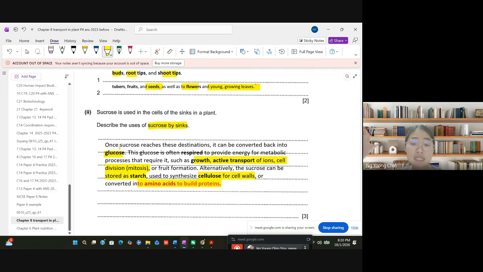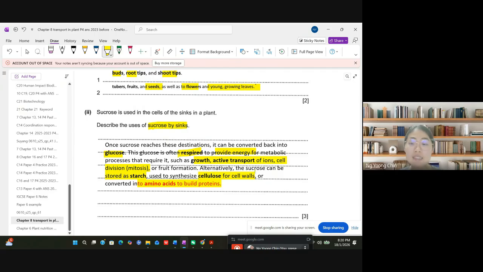When the sucrose is translocated within the phloem, and any plant cell requires respiration, the sucrose is converted back to glucose because plant cells can only take up glucose to do cellular aerobic respiration. So glucose is used for cellular aerobic respiration to produce energy. And the energy is used for what? For growth, active transport, and cell division. Those processes require energy. Also when the plant grows new leaves or new fruits, it requires energy input, and that energy comes from the glucose.